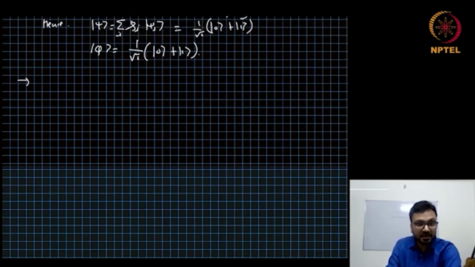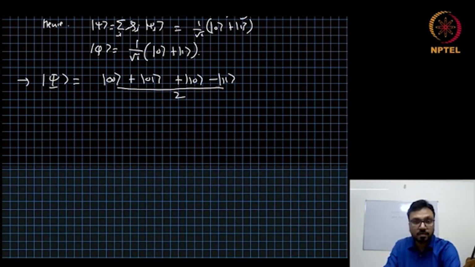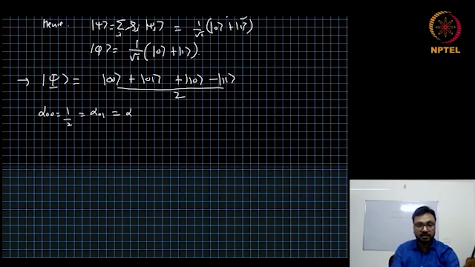Now let us take another example just to finish things off. Let us say again we have 0, 0 plus 0, 1 plus 1, 0 minus 1, 1, all over 2. This looks very similar to the state considered in the previous example, but in this case, let us see: alpha 0 0 is 1 over 2, that is equal to alpha 0 1, that is equal to alpha 1 0, that is equal to minus alpha 1 1.